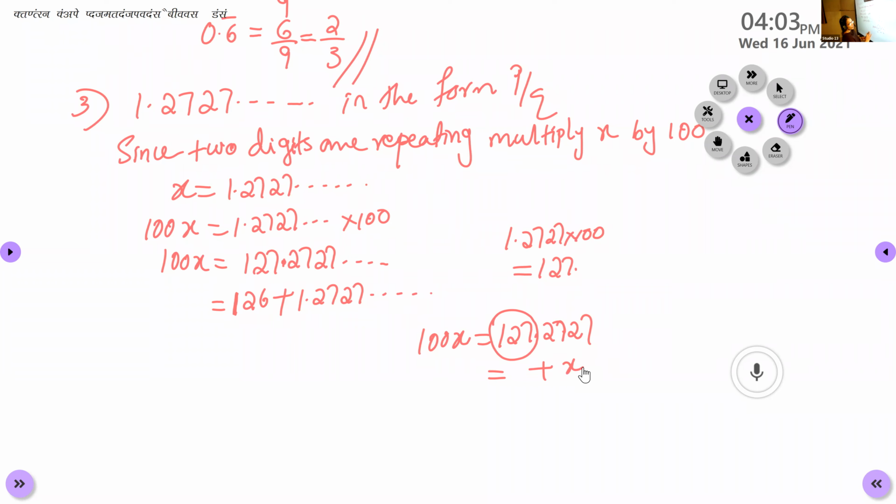x is what? x is our 1.2727. So what will come here to get 127? 1.27 we wrote already, our x. So what will come here to get 127?